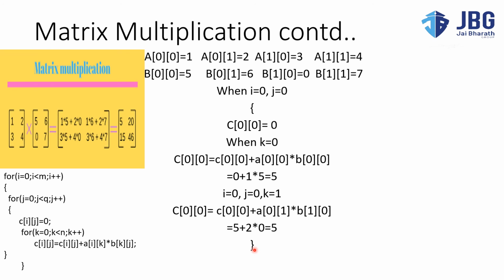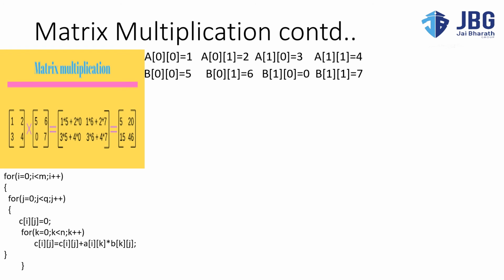Now we will see what will happen after this. I was 0, j was 0, and we performed this for k equal to 0 and k equal to 1. Then when it exits from the loop, j will get incremented to 1. So i equal to 0 and j equal to 1.